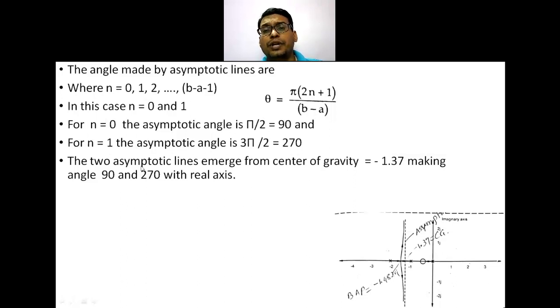The two asymptotic lines emerge from the center of gravity at minus 1.37, making angles of pi by 2 and 3 pi by 2. These are the dotted lines shown, starting from minus 1.37 with the pi by 2 angle and the 3 pi by 2 angle.